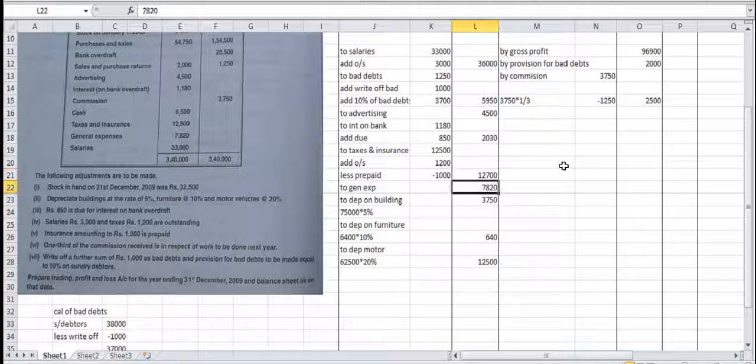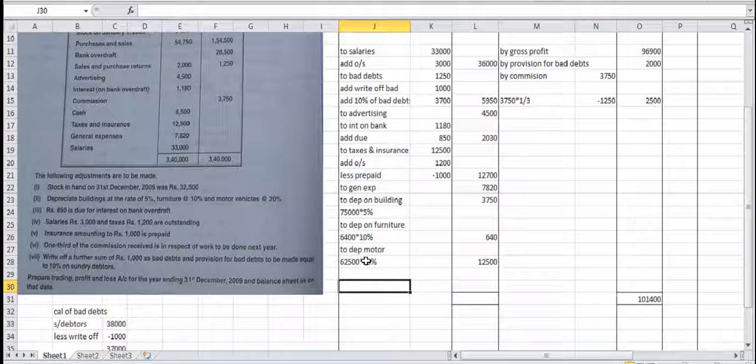Now add the amounts. What is the total? 96,900 plus 2,000 plus 2,500. Now you will get 1 lakh and some change.